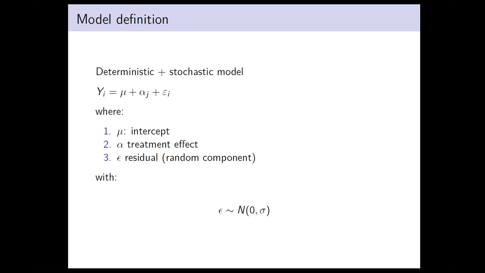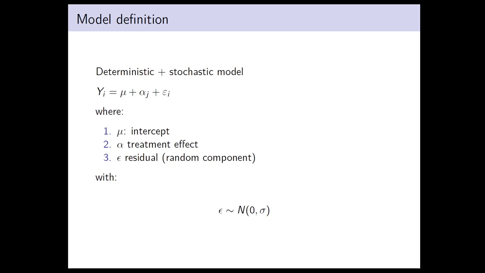Okay? And then as we said, we cannot model epsilon because it's random. Therefore, we just make the assumption that it is normally distributed with mean equal 0 and a certain standard deviation sigma. Sigma is the standard deviation for the error effects.